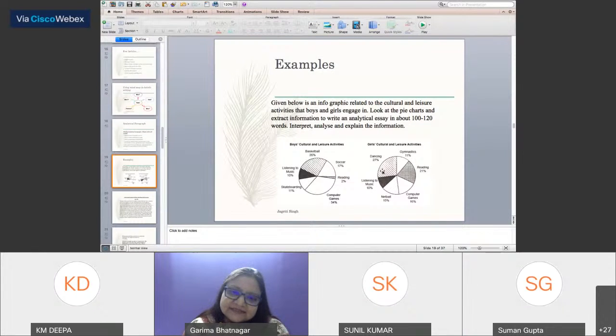And then we need to analyze. Now, how do we analyze and explain the information? How do you think we could do that? Could you do anything about basketball and dancing? And then reading. See, this is 21% girls doing the reading part, and just 2% of boys. But they are playing more computer games than girls. So how would you analyze this now?